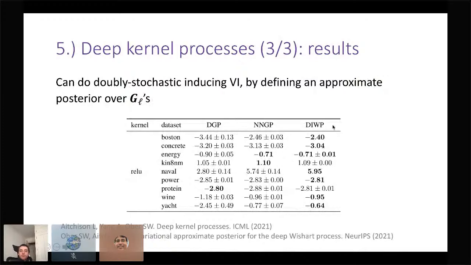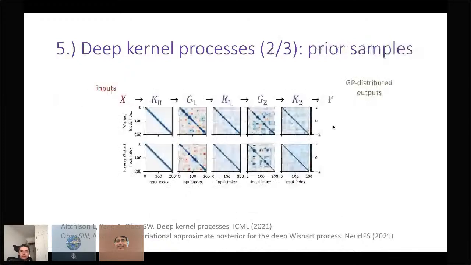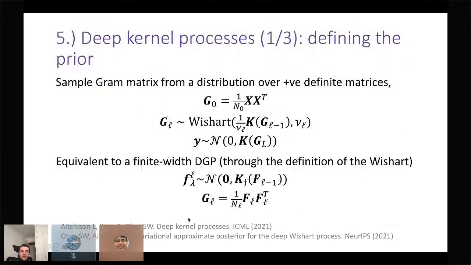Sorry, Laurence, can I ask you something? Yeah. So in the previous slide, it's still not clear for me. How do you go from G1 to K1? So these G1 are positive semi-definite matrices that you sample from your Wishart distribution. Yeah. How do you use those to actually compute K1? Yeah. So this gram matrix corresponds to these features.